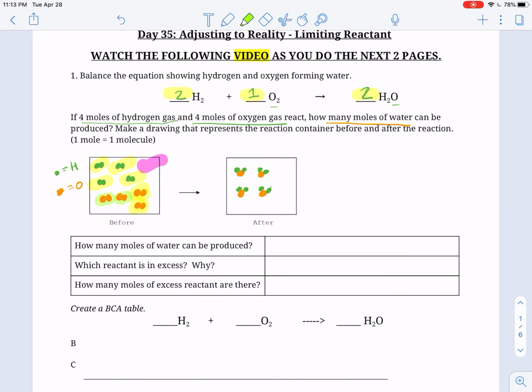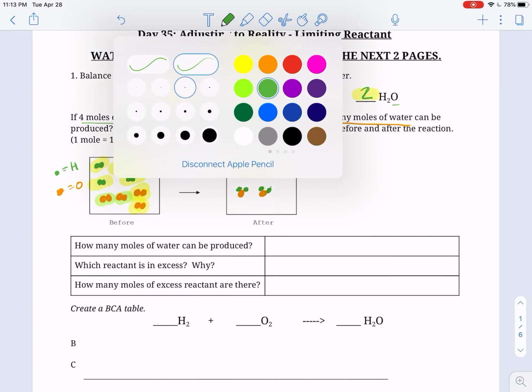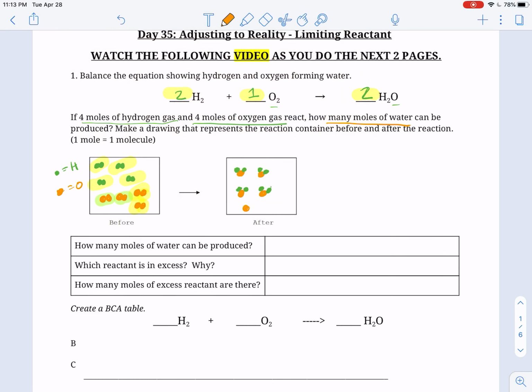Okay, but these 2 oxygens, if you can see, are left over. So in my reaction vessel, I'm going to draw those 2 leftover oxygens. That would be left, okay? Because all of these guys were used up in the reaction, but these oxygens here were left over, all right?